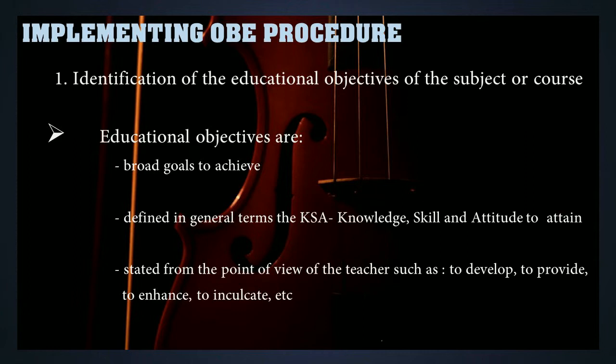Number 1, identification of the educational objectives of the subject or course. Educational objectives should be broad goals to achieve, and educational objectives are defined in general terms like KSA: K, knowledge, S, skill, and A, attitude, something to attain.